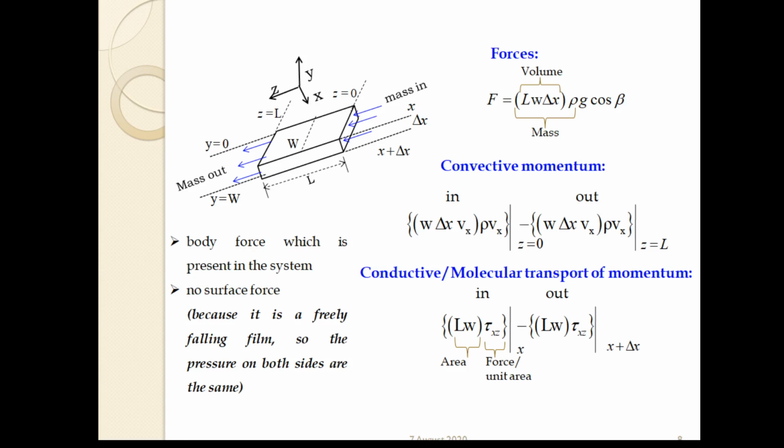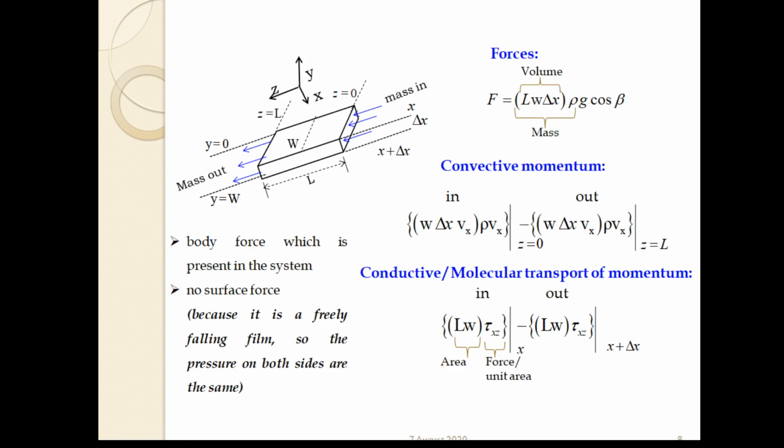Now we are simplifying this equation. The convective momentum terms will cancel each other, because at z equals 0 the velocity is equal to the velocity at z equals L. Then we cancel the L W term.